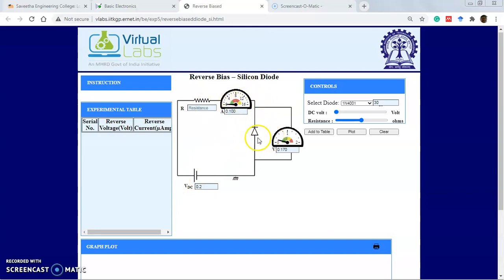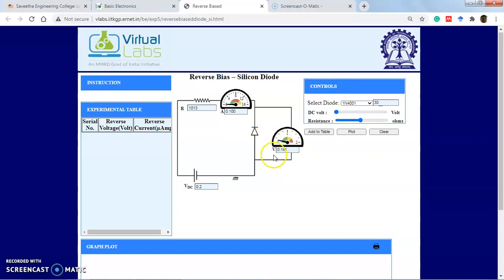In parallel, we are connecting a voltmeter for this diode. Here we choose the diode 1N4001. Initially we first fix the resistance value at 1K, 1000 ohms, and we vary the DC voltages. This is the circuit diagram.